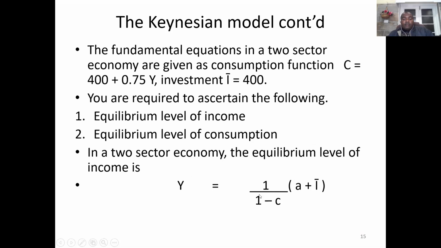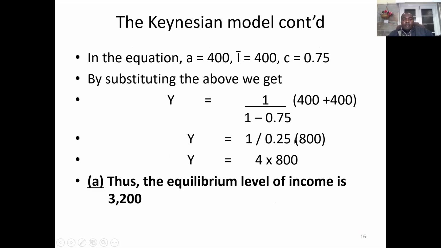So it's 1 over 0.25 multiplied by 800, which is what you are seeing here, which gives us 3,200 or 3.2 billion.